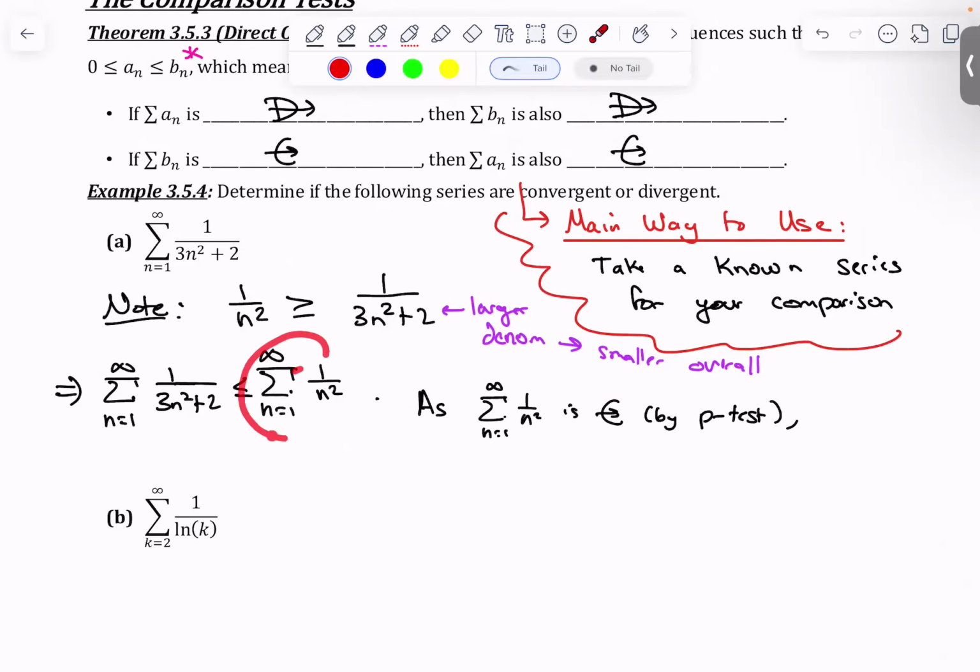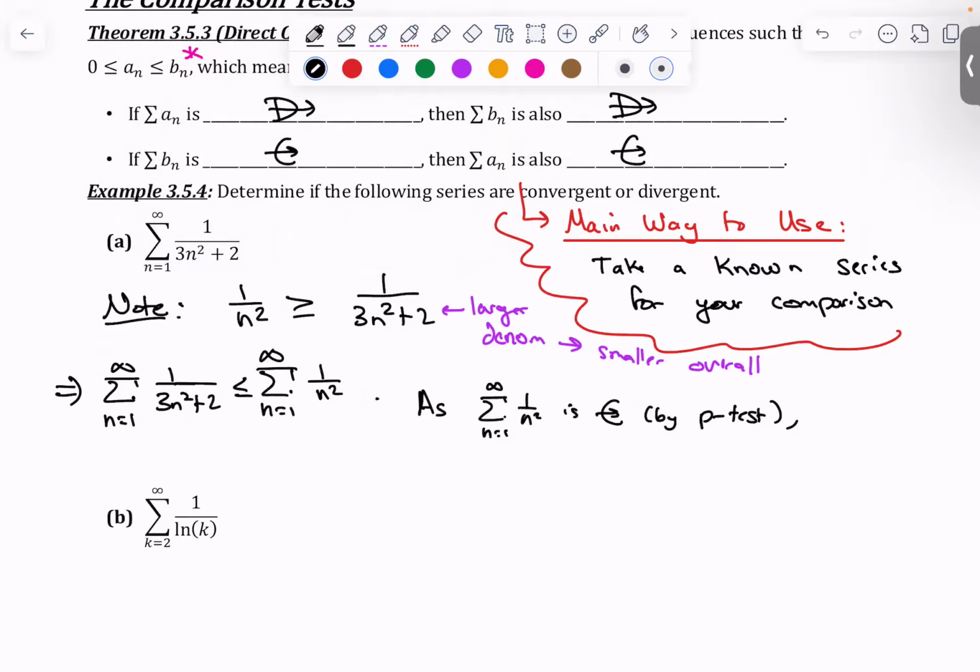This is finite. And because this is finite, this has to be. There's no other way. It converges to a smaller number. What number it is, we have no clue. But we do know that it exists.